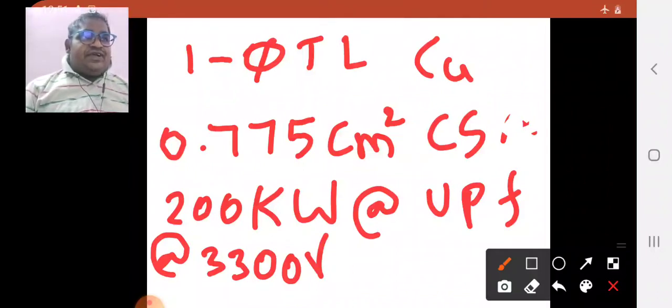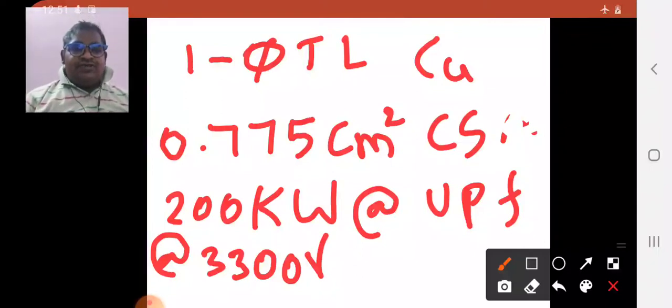Take specific resistance as 1.725 micro ohm centimeters. Yeah, this is the problem they have given.